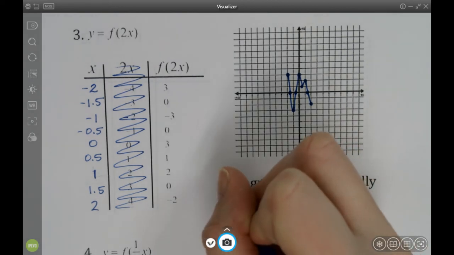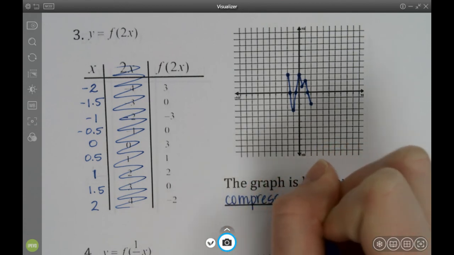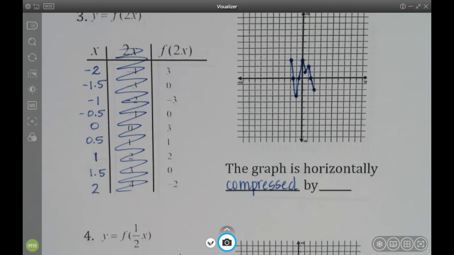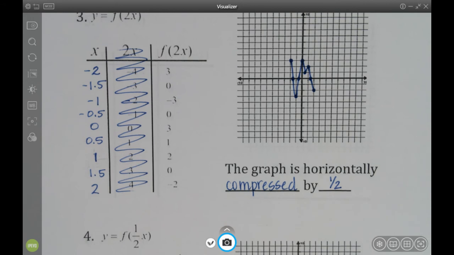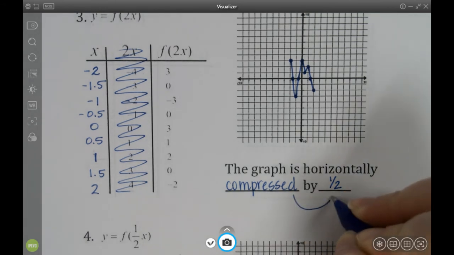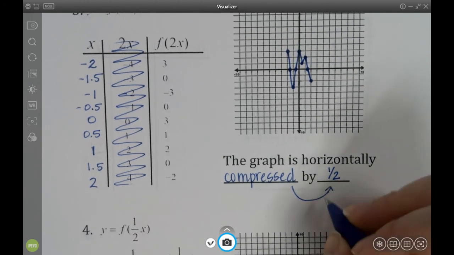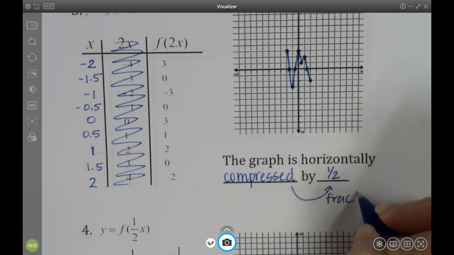So the graph is horizontally compressed by a factor of 1/2, not by a factor of 2. Okay? Anytime you use the word compressed, you're going to have a fraction or a decimal.